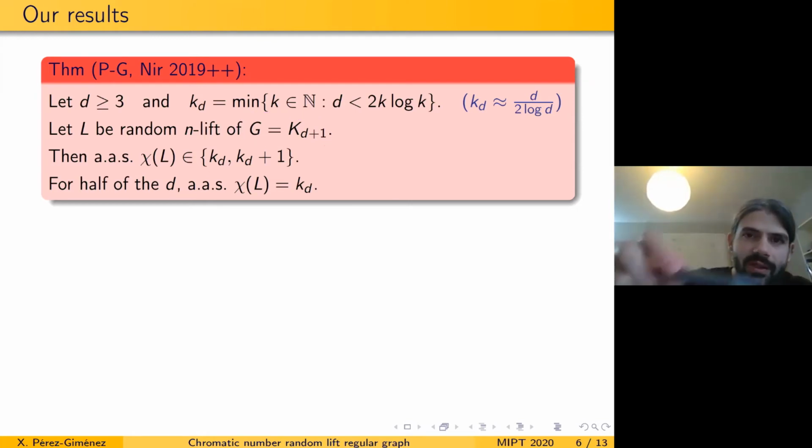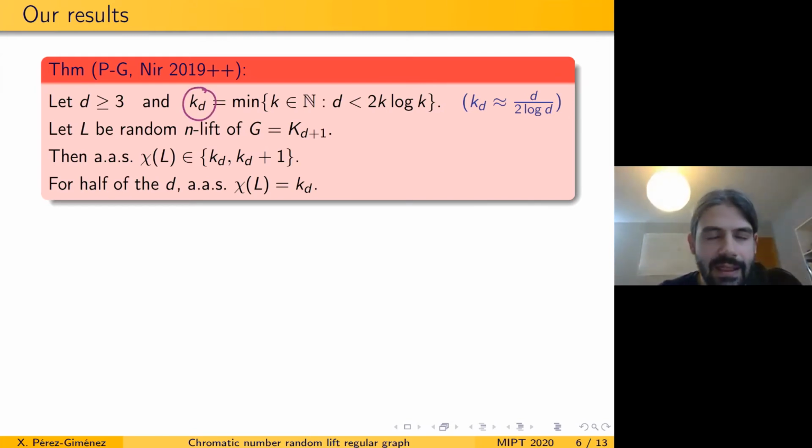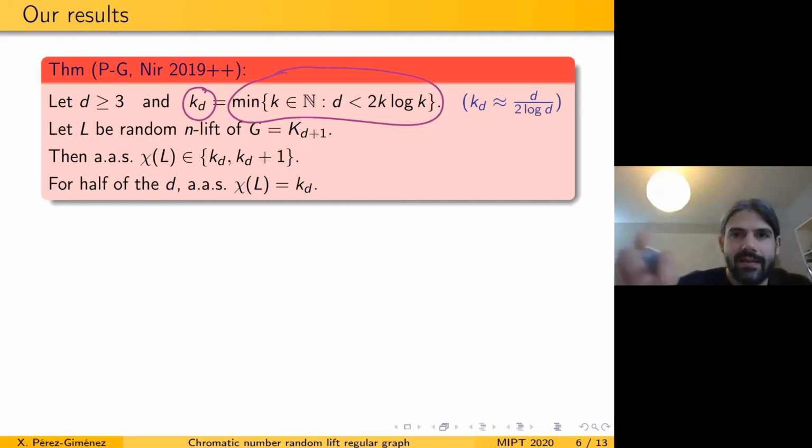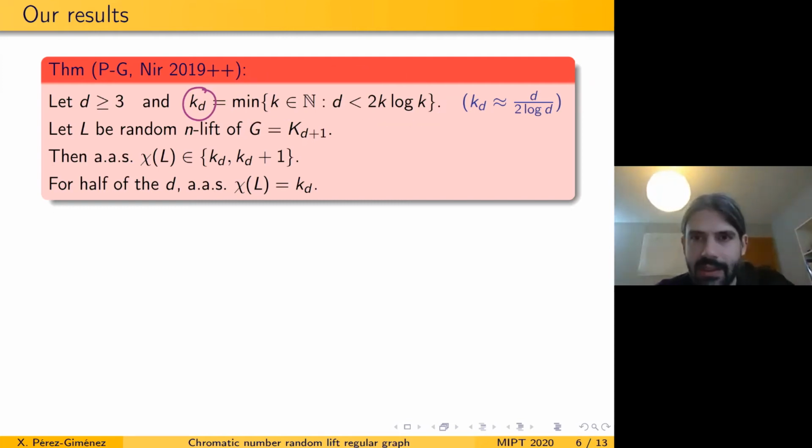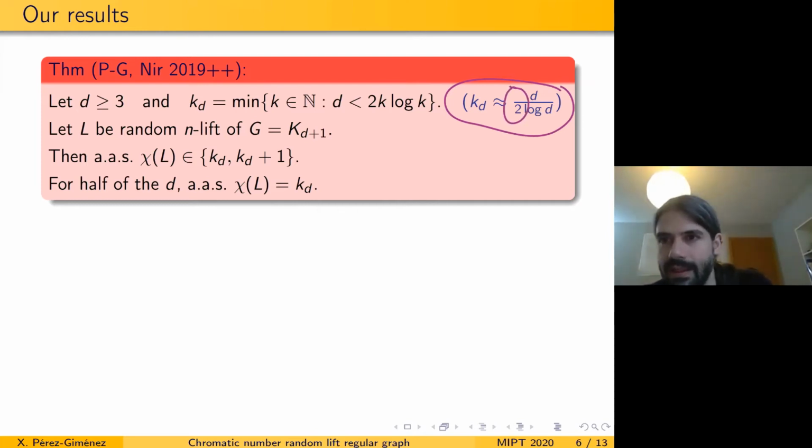And we found a specific k, which is defined to be the smallest k such that this inequality holds. And roughly, for large D, this k is roughly 1/2 of D over log D. So this is the constant that you were asking me about before, Rita.